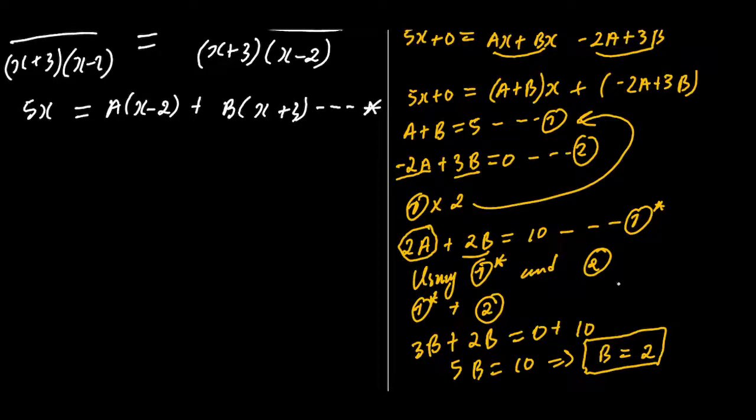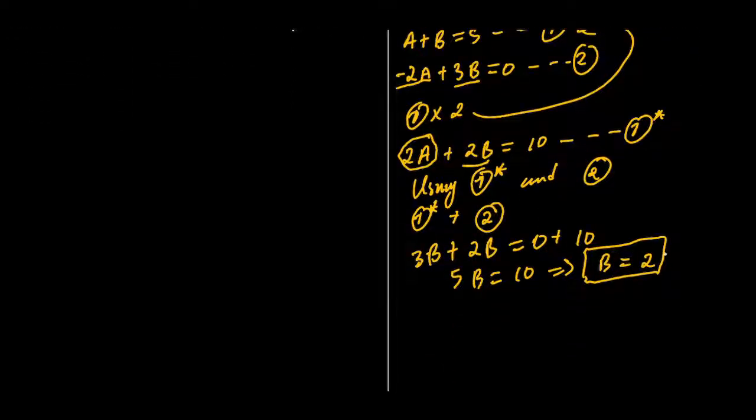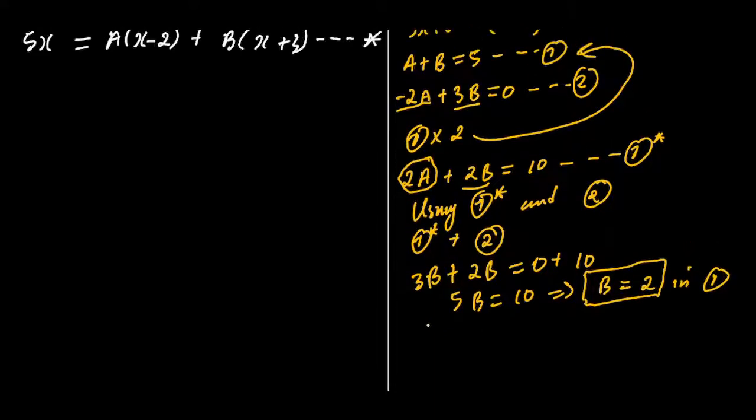We can simply substitute this value of b equal to 2 in our equation 1. Equation 1 says a plus b equal to 5. So a will simply be 5 minus 2, which will be 3. Therefore a will be 3.